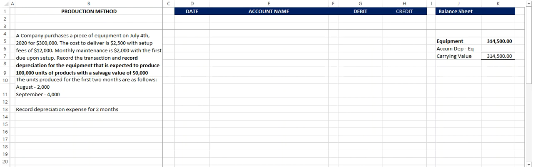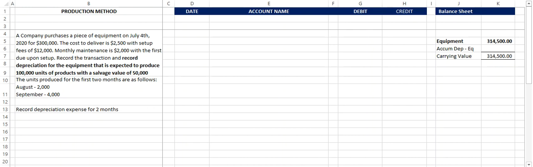The premise is that when a company purchases a piece of equipment or asset, they try to determine or give an estimate for how many units they think the asset can produce. And based on that information, they determine how long the asset will be useful for.